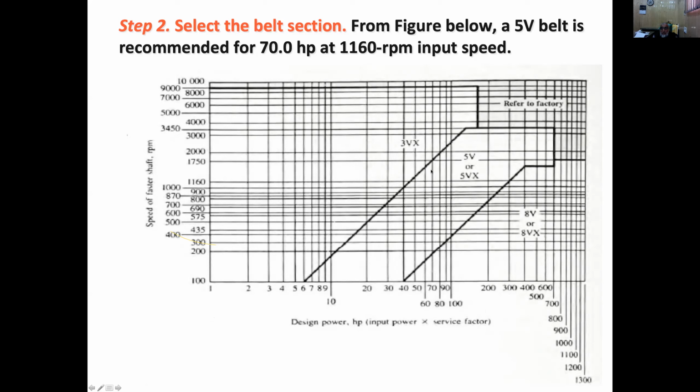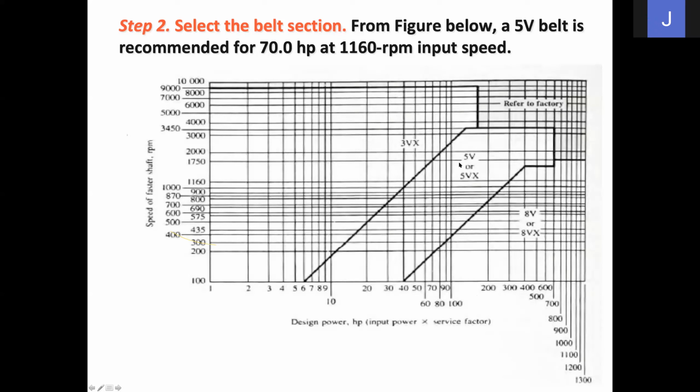So it will come somewhere here, isn't it? If it is say 100 horsepower and speed is 200, then you have to use an 8V belt. If it is say 20 and speed is 1160, then it will come here. Are you understanding this? How to select the belt type?